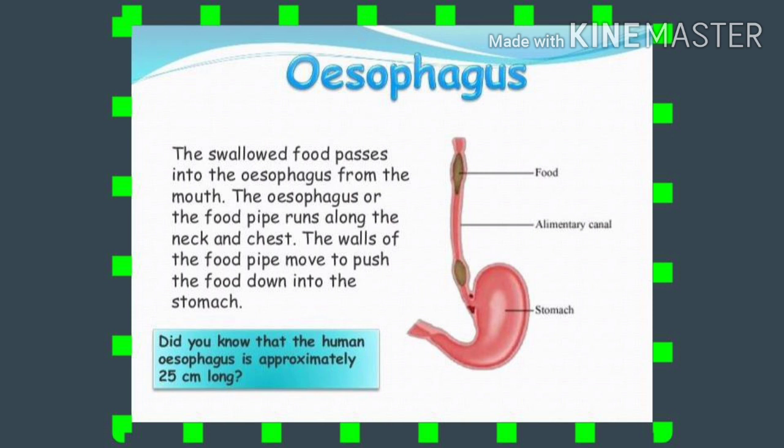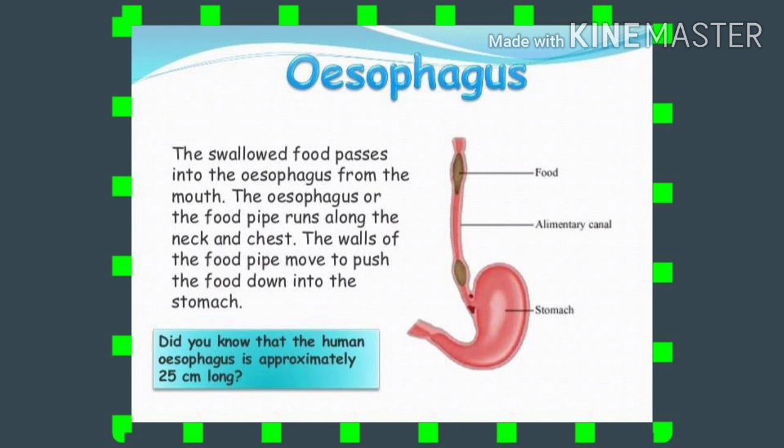Now the walls of the food pipe move to push the food down into the stomach. So these walls have muscles in them, and these muscles keep on moving, contracting and expanding, to push the food into the stomach.